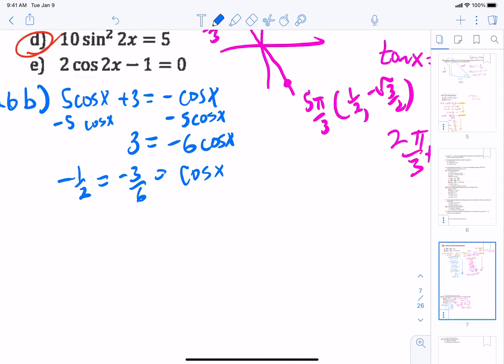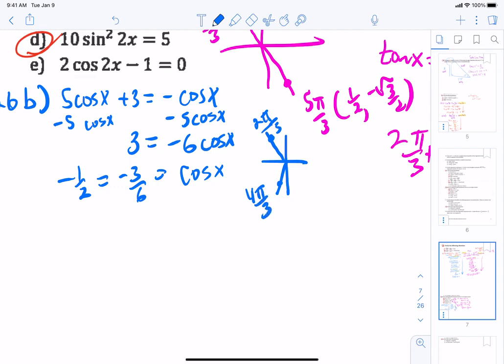Now, once you have it solved for the trig function, then you say, where on the unit circle does this happen? Where would the cosine be negative 1/2? Well, the cosine is negative in those two quadrants, so 2 and 3. The cosine is 1/2 at 2 pi over 3 and 4 pi over 3.